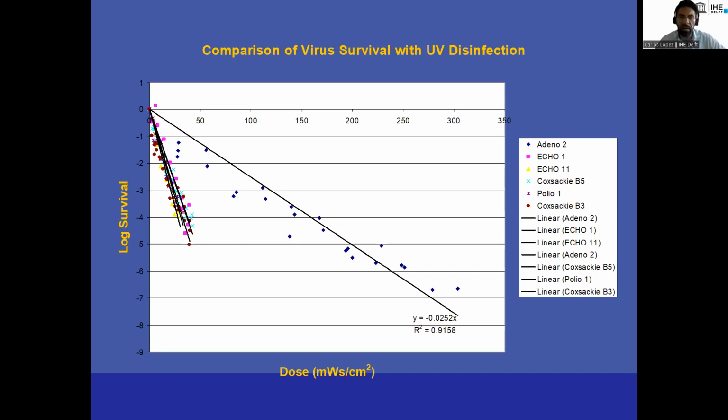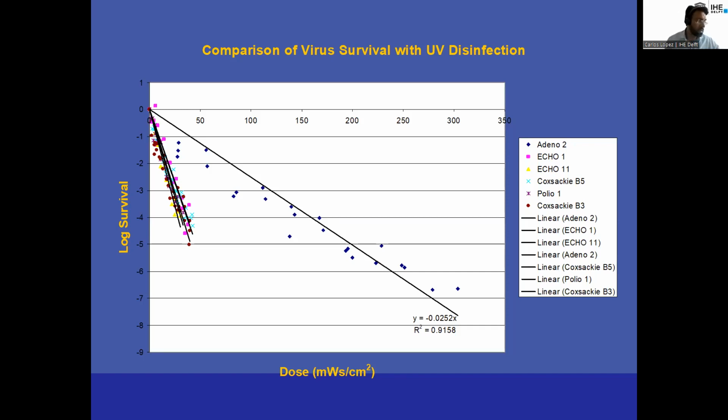And these are different levels of survival measured in different types of waters, targeting adenoviruses, Coxsackie viruses, polioviruses, for example. And we can see that the most difficult one to remove is adenovirus. These are the log of survival, so how they get disinfected, and logs.